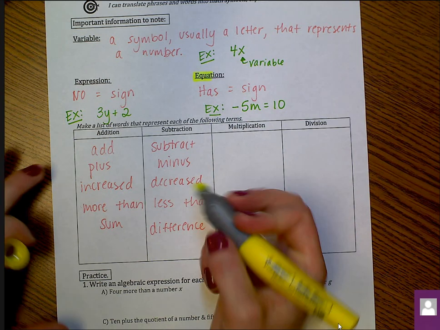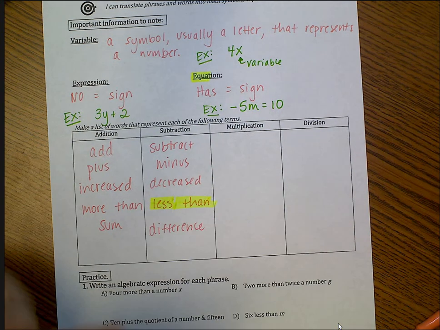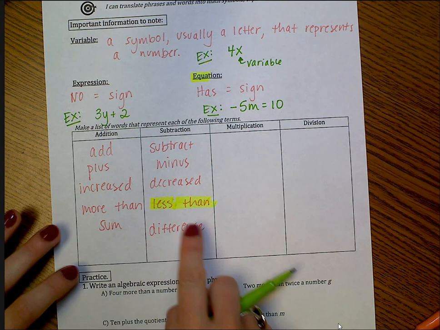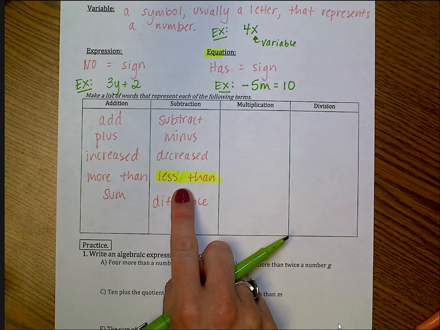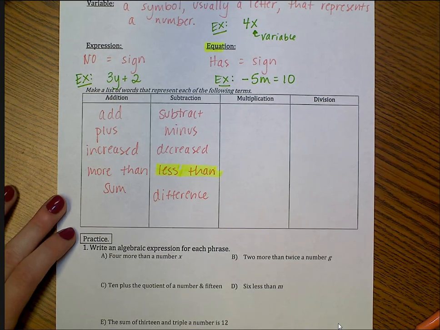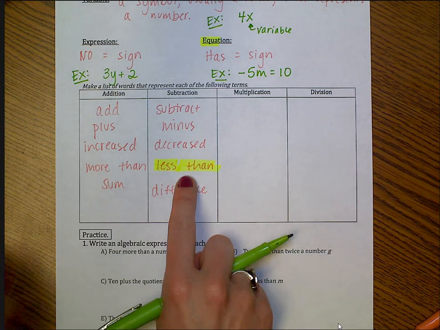Now, I am going to highlight less than. Okay, this is the one that's going to trick people up. It does every year. You have got to remember something special about the words less than, you guys. When I give you a sentence, and we're going to practice this at the bottom, you can write your math exactly like the sentence reads unless you see the words less than.